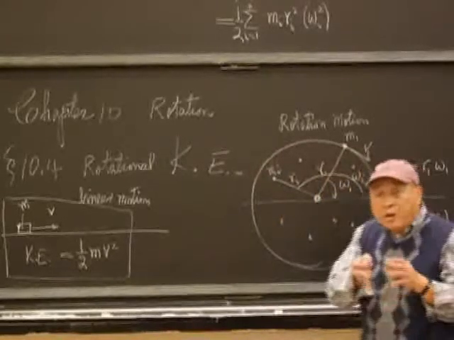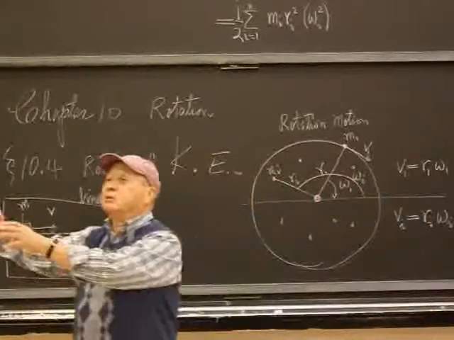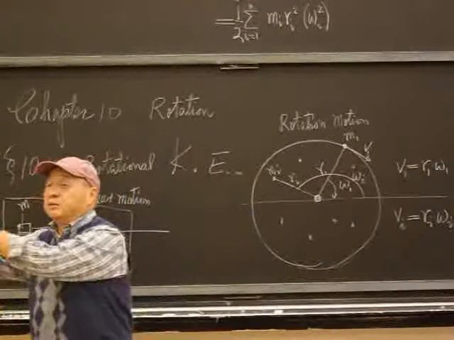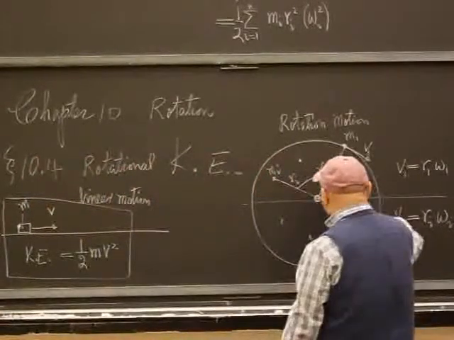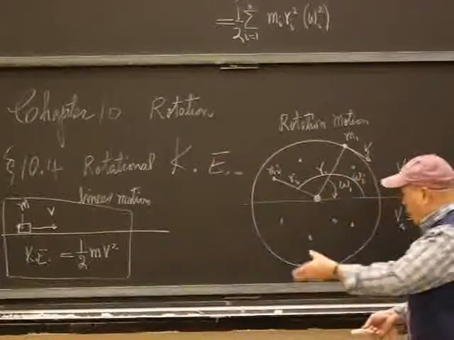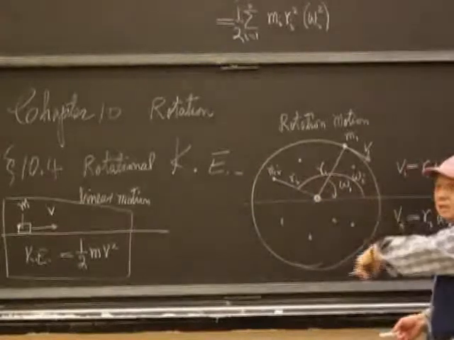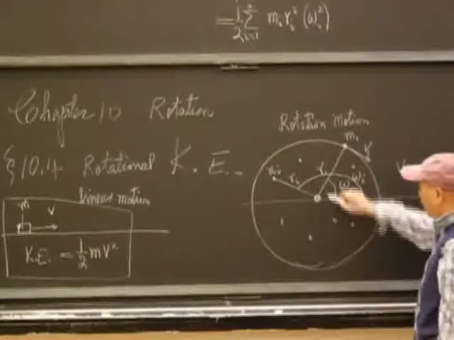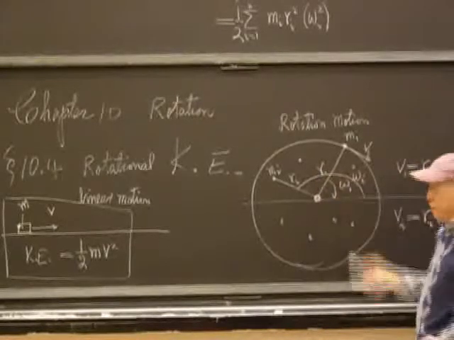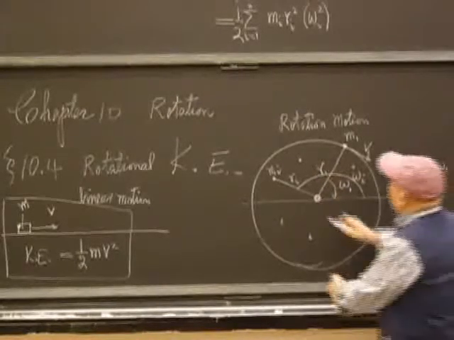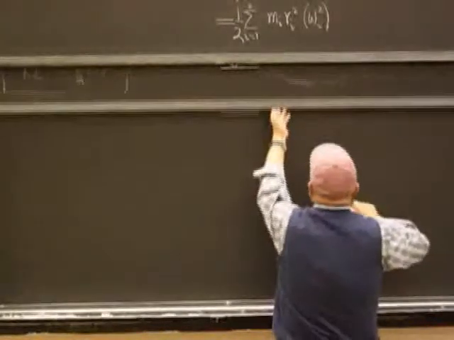That means omega 1 is equal to omega 2, equal to omega 3, equal to omega i, equal to omega. Because in circular motion with respect to this axis, the angular velocity is constant.